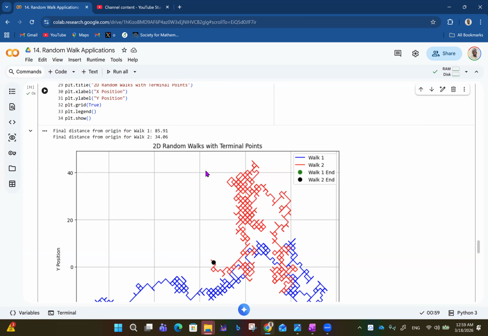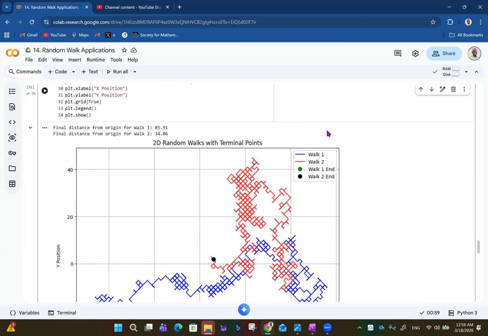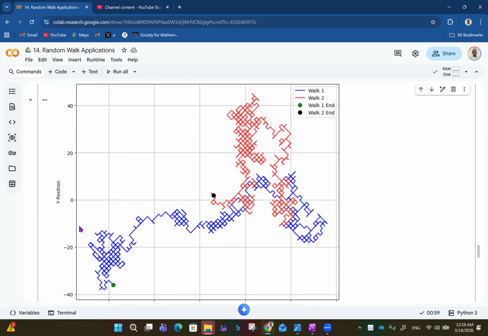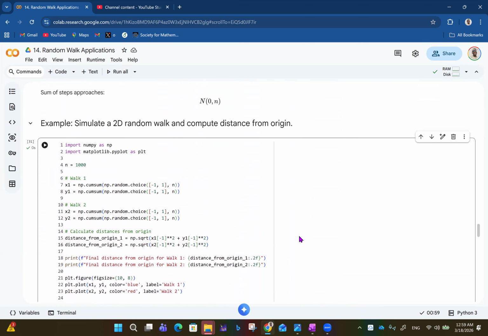For walk two, that's 34.06. Walk one is blue and ends with this green marker, and walk two is red and ends with this black one. So we have all of that there.